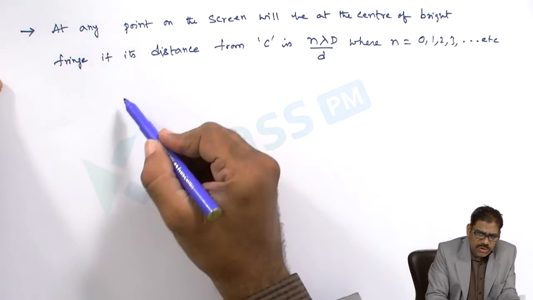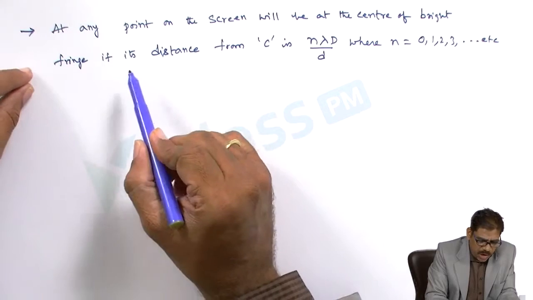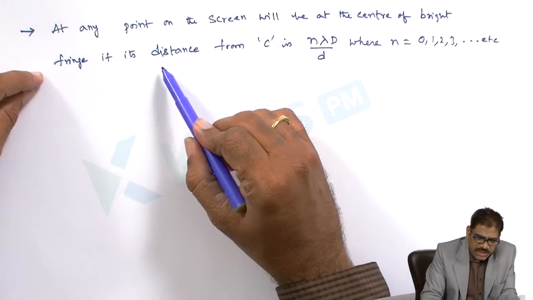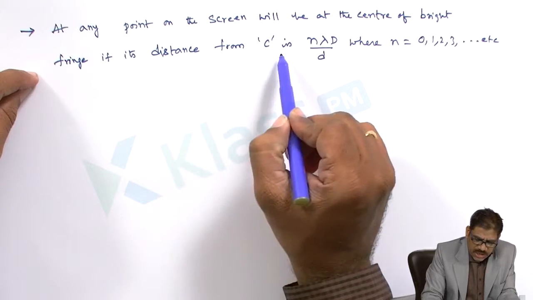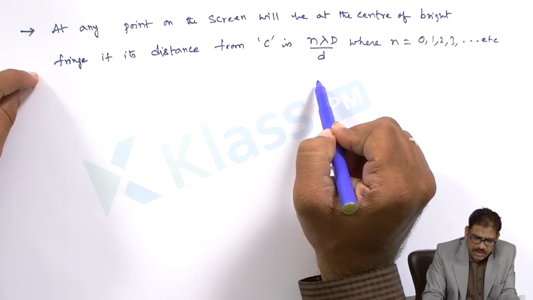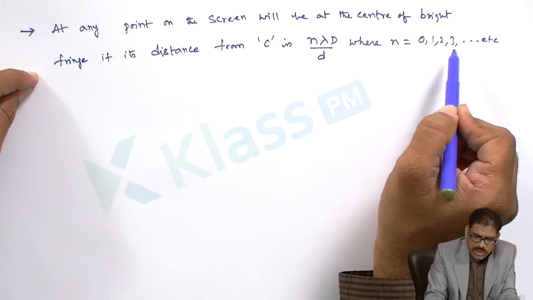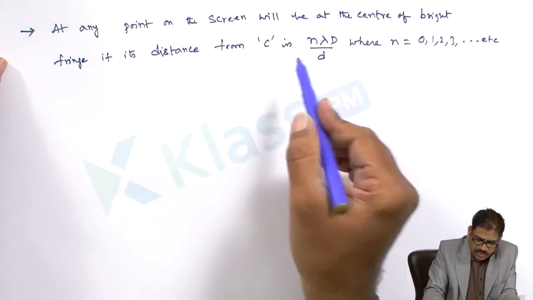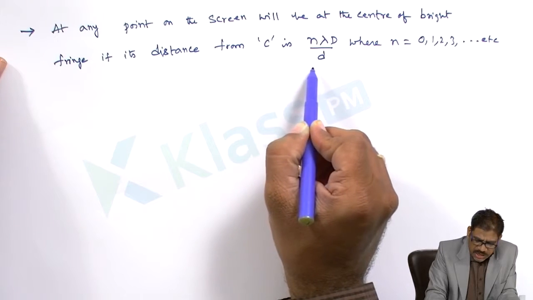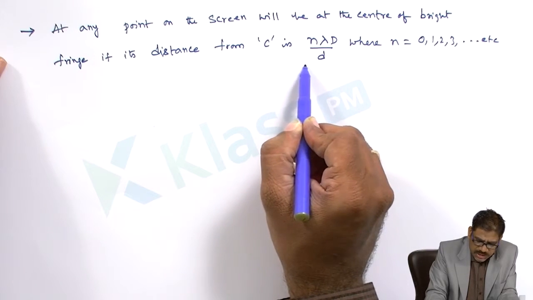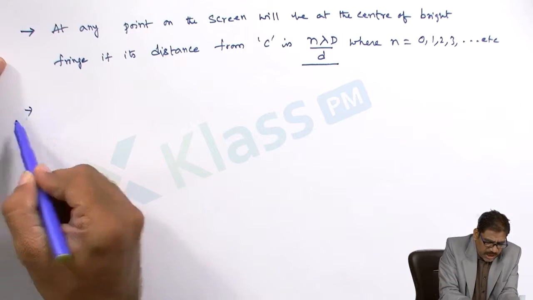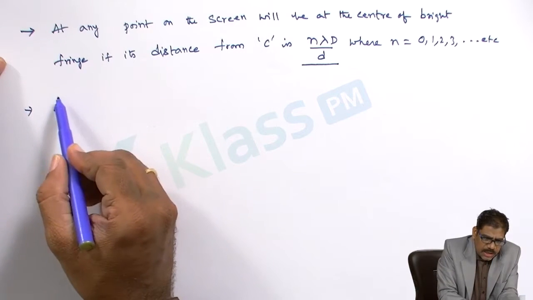So this is the condition. At any point on the screen at the center of the bright fringe, the distance is given by n lambda D by d.